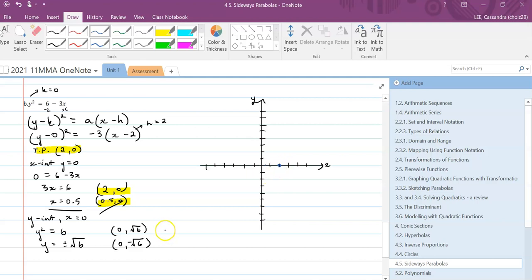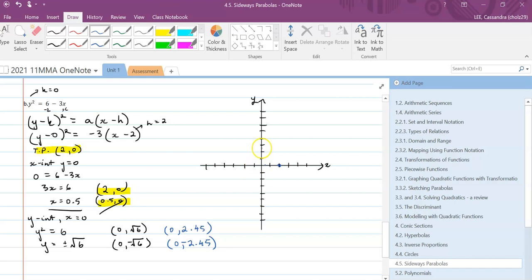So then we've got our y-intercepts. Our y-intercepts are going to be at 0, root 6 and 0, negative root 6. So that is going to be at 0, about 2.45 or about 2.5. And then we're going to have 0 and about negative 2.5. So let's pop those y-intercepts in now.